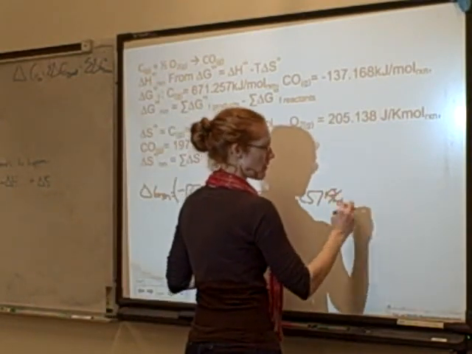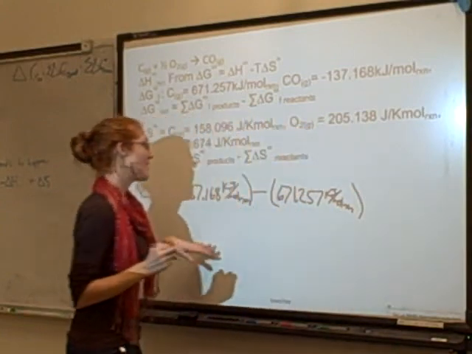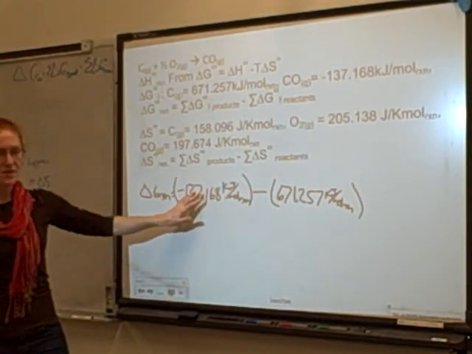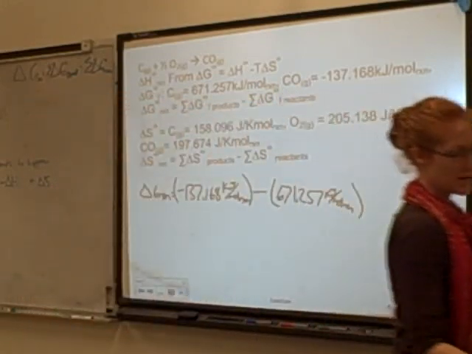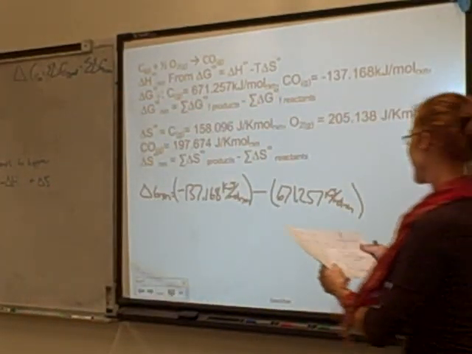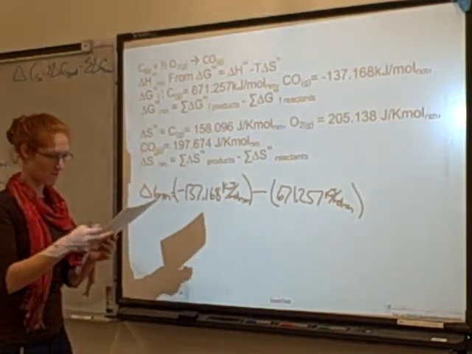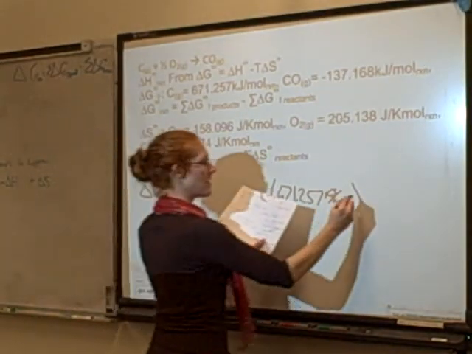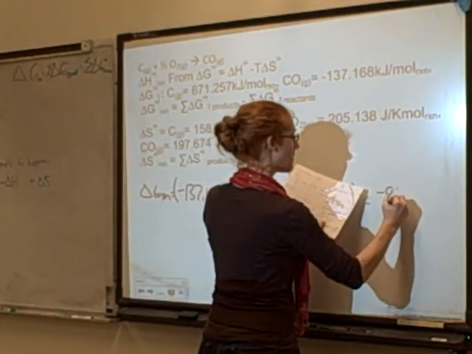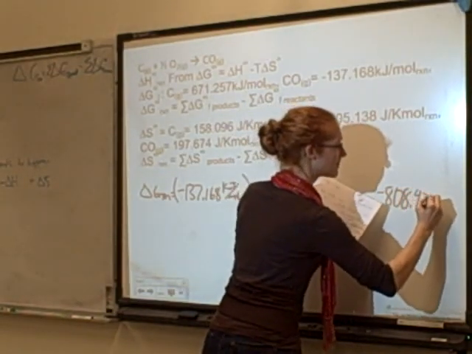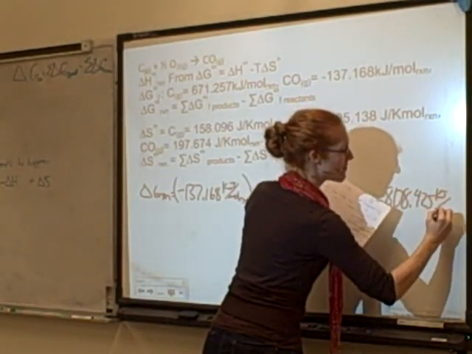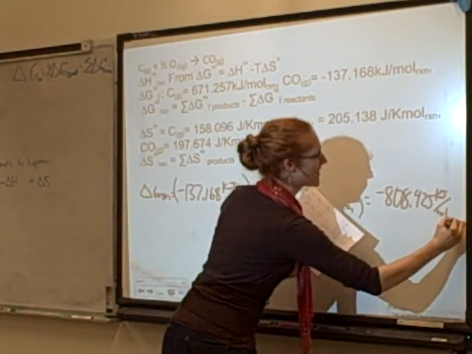So 1/2 times 0. I'm just going to leave that as it is. Okay. So my Gibbs of reaction is going to be negative 137 minus 671.257, and I get a Gibbs of negative 808.425 kilojoules per mole of reaction.